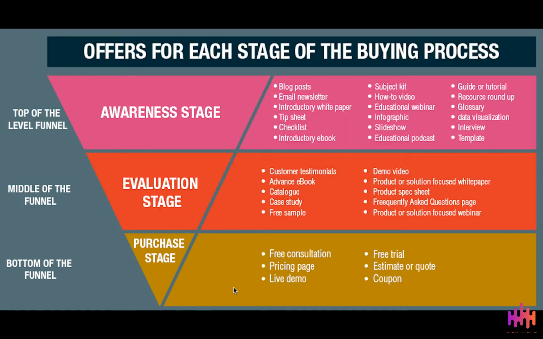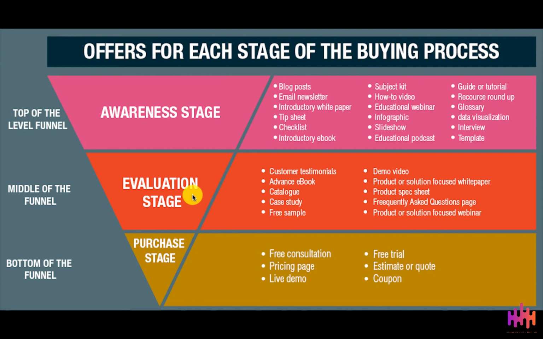Okay, so just a recap. At the top of the funnel is the awareness stage. These are going to be your followers, your subscribers on your social media. Then when you bring them down to the evaluation stage, this is going to be people who have opted in to receive more information from you. These are going to be your fans, or maybe people who have bought from you in the past.